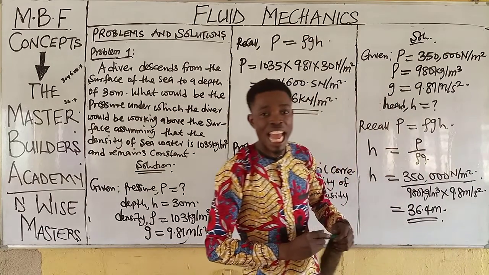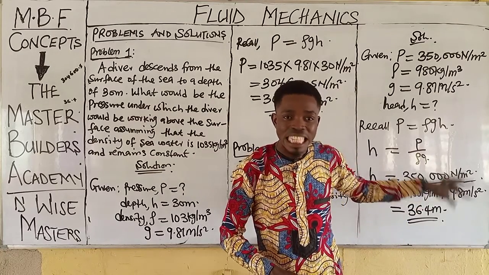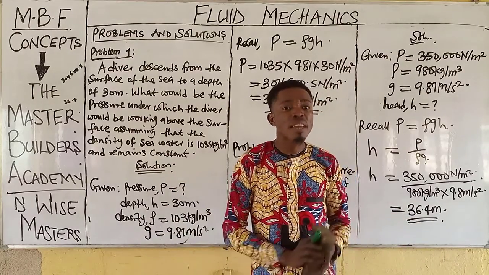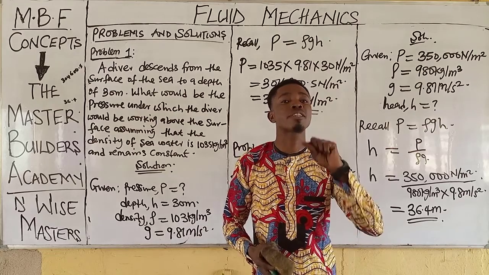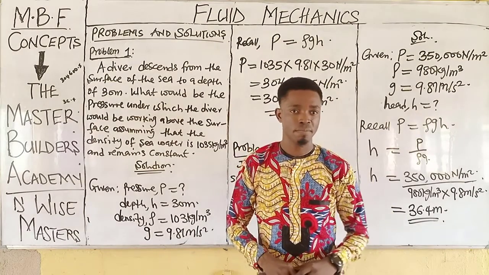This is the head of the oil corresponding to that pressure amount. So guys, this is very, very simple. The next is for us to look at question number 3 and question number 4 very quickly.